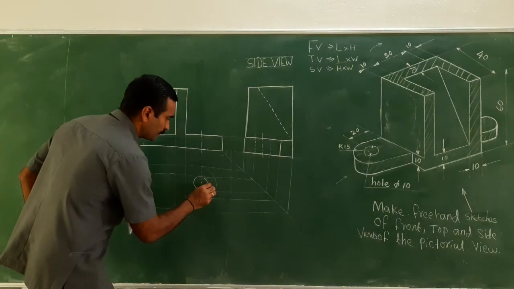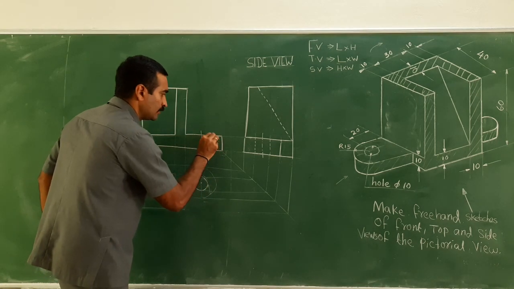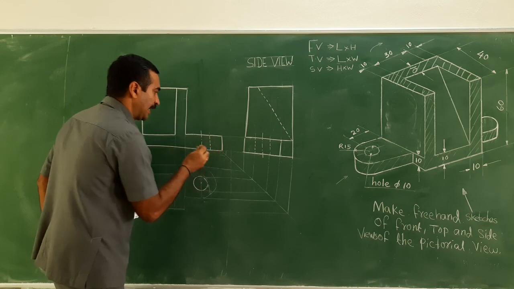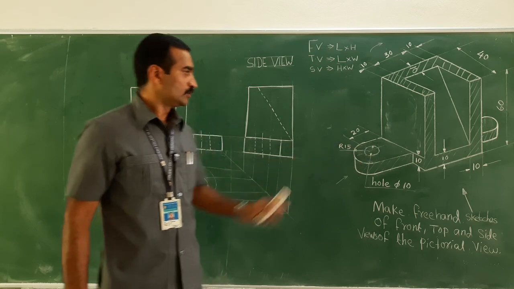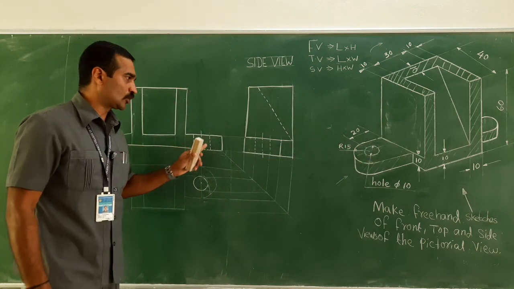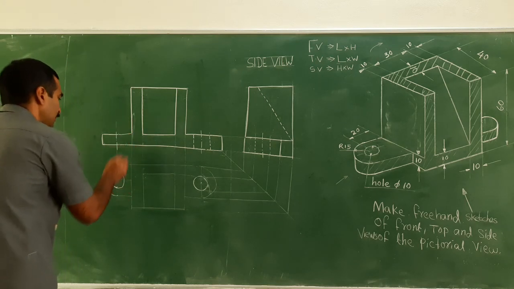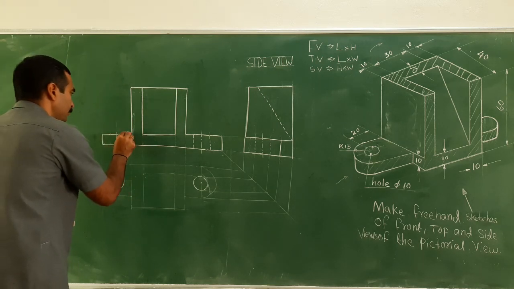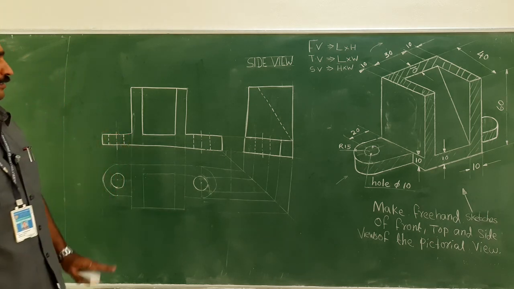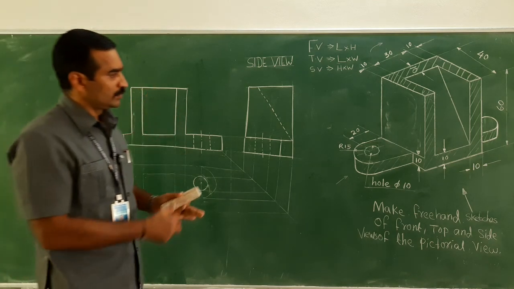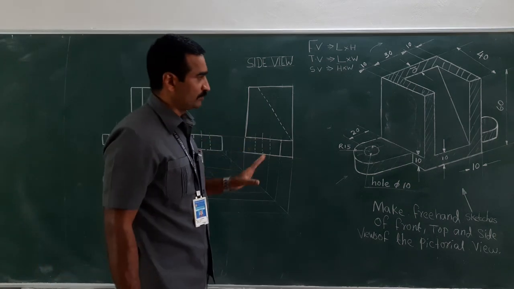Now extend this to the front view and mention it as a hidden line, because this particular circle is invisible, therefore you must draw it as a dotted line or dash line. Now similarly, this portion is also extended vertically upwards to the front view, dotted. I have captured all the visible as well as the invisible edges of this particular object.